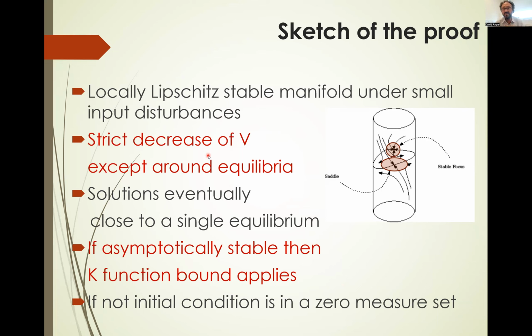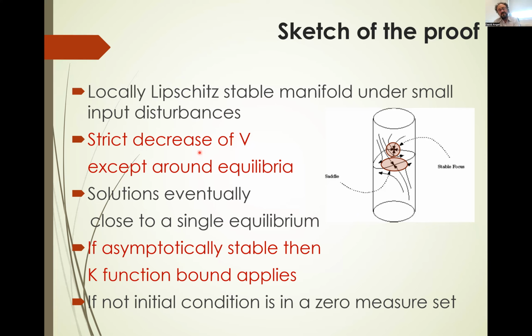But for sufficiently small disturbances, there are results that give you a persistence of the stable and unstable manifolds of hyperbolic equilibria. So we use that, and so that allows us to say that basically eventually the solutions will stay close to a single equilibrium. This is because we've got strict decrease of V except around equilibrium.